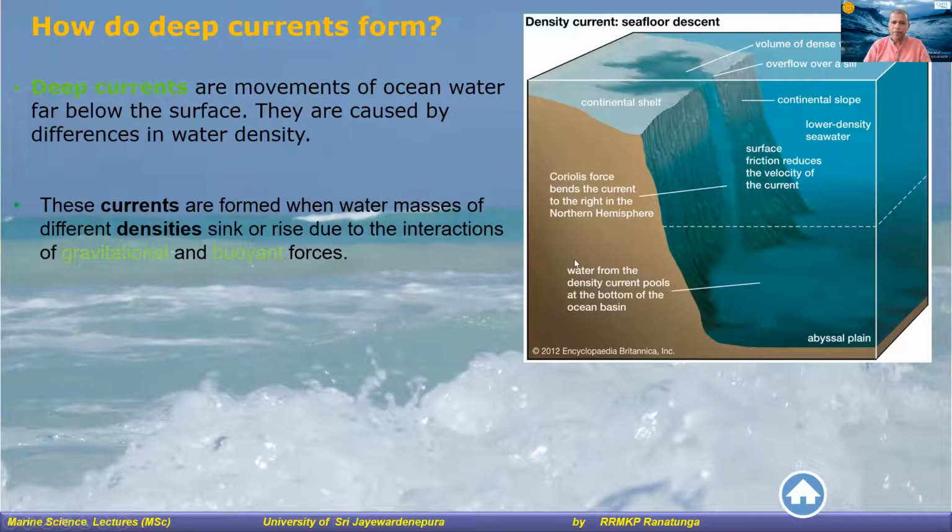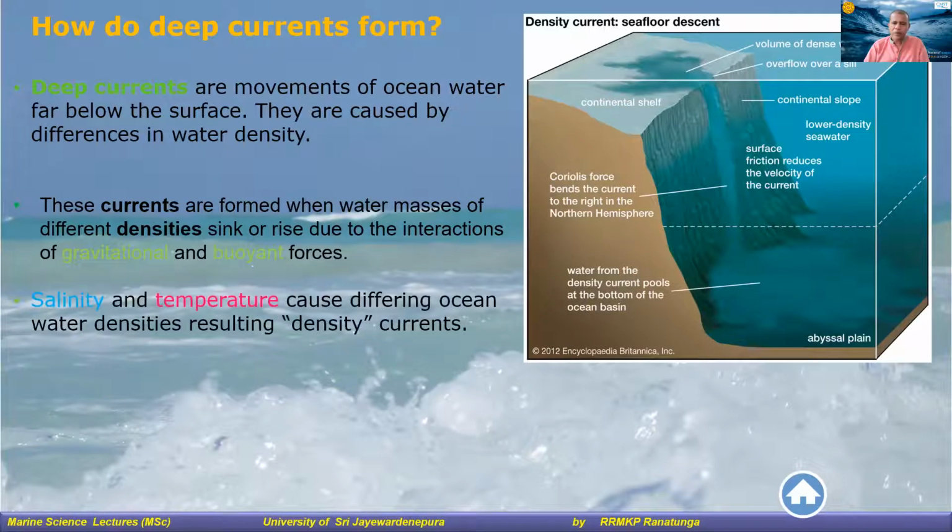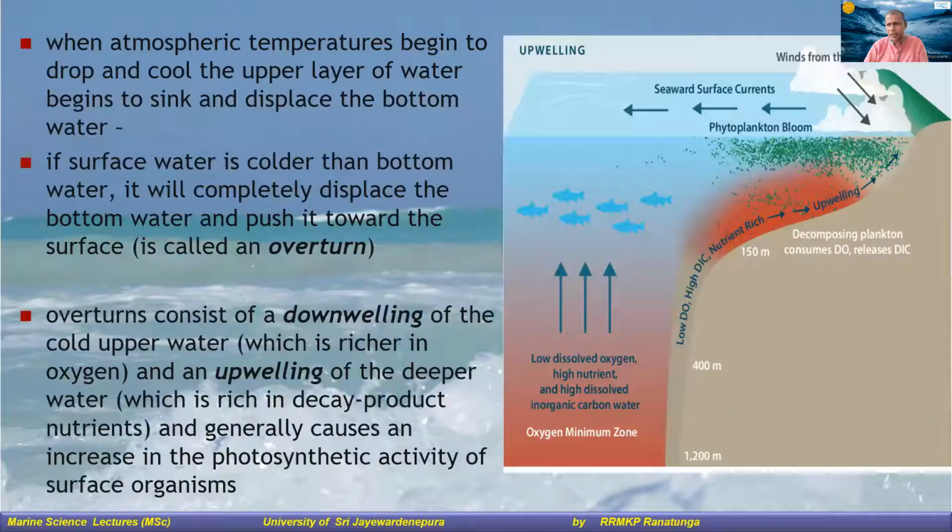Especially the buoyancy changes because of the density as well as the gravitational force. The gravity will mostly affect this kind of movement as well, right? But salinity and temperature are the main cause of the deep water current, right?